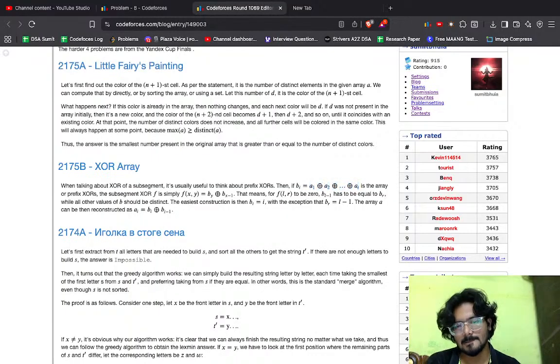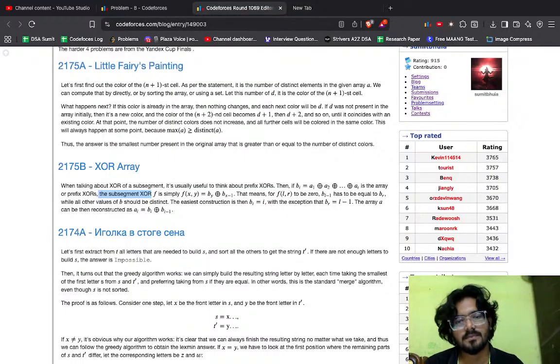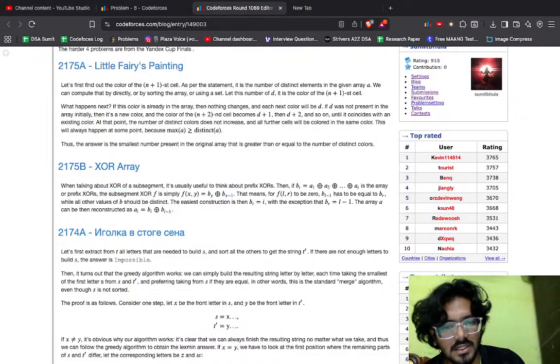Okay. Is the array of prefix XORs, yeah, the subsegment XOR f is simply fx. So for checking a prefix, you just need to remove the part that is not in the prefix, and you'll get a prefix.